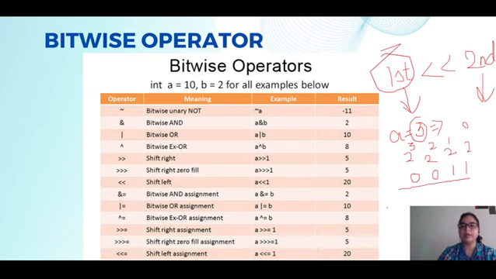Now I want to perform a shift operation, which is a left shift. I will denote it as follows: a left shift 1, which means you are shifting the variable a, which holds the value 3, by 1 position. So 0, 1, 1, 0 is the bit pattern. Each bit will be shifted towards the left by 1 position. This 1 will move here, this 1 will move here. One vacant space will be there.